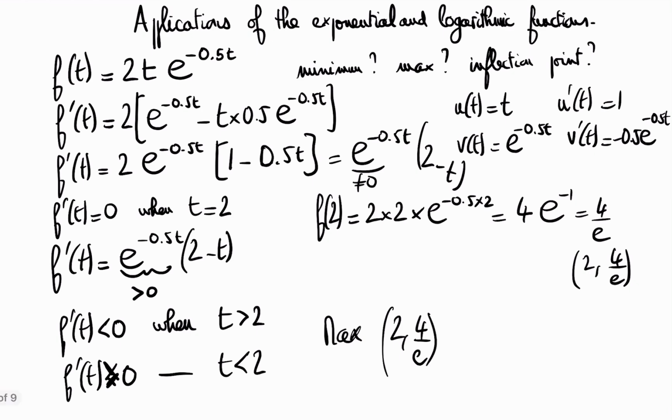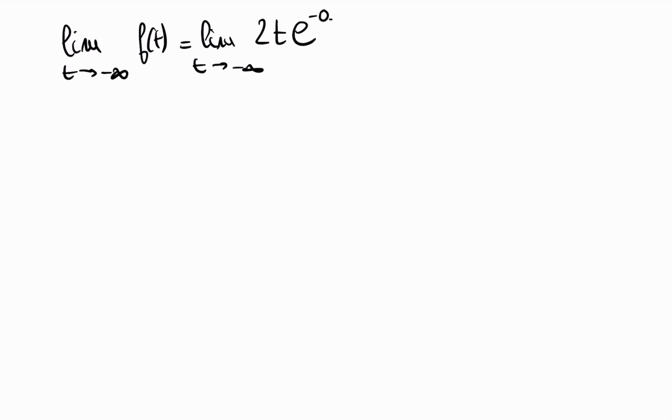So maximum, which is 4 over e. Let's keep going. The limit when t tends towards minus infinity of f of t, which is the limit when t tends towards minus infinity of 2t e to the minus 0.5t. Well, minus 0.5t, because t tends towards minus infinity, is going to tend towards plus infinity, and then times something which is minus infinity, so it's going to be minus infinity.